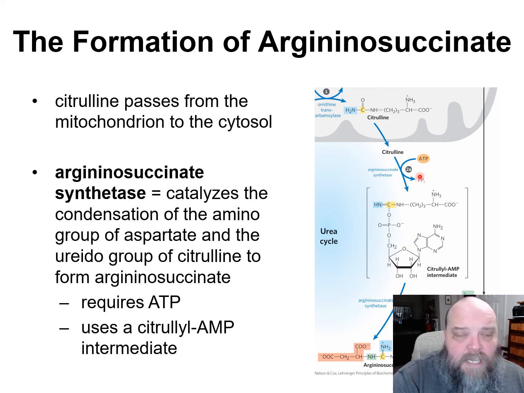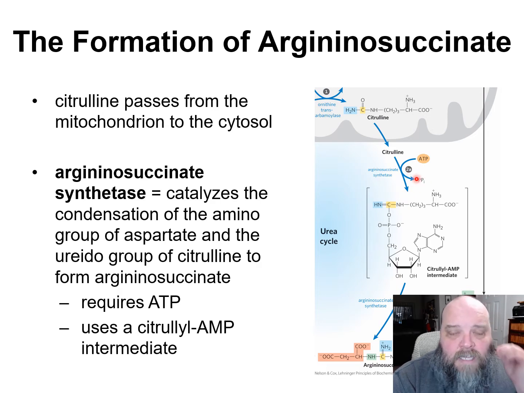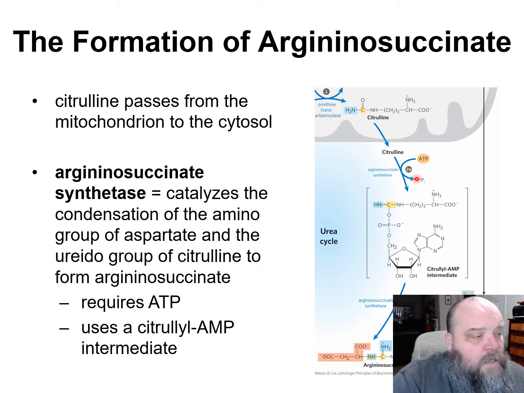But instead of just taking the terminal phosphate off of an ATP, we're actually going to cut off the 2 terminal inorganic phosphates. So the beta and the gamma, phosphate 2 and phosphate 3, are cut off. And then, what is this?